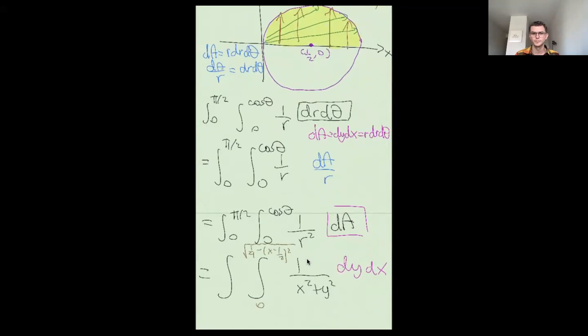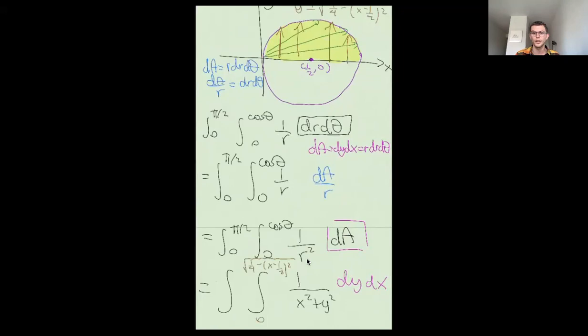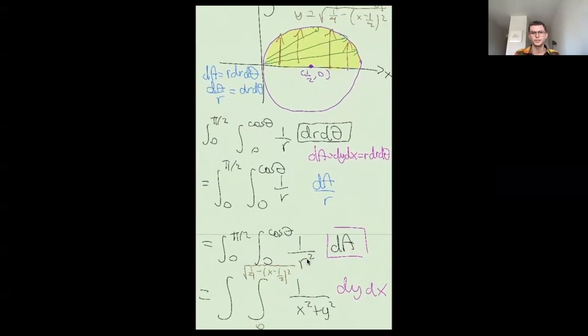Is that making sense? That's the equation of the circle, or y as a function of x. And then x just goes from 0 to 1. Is that okay?